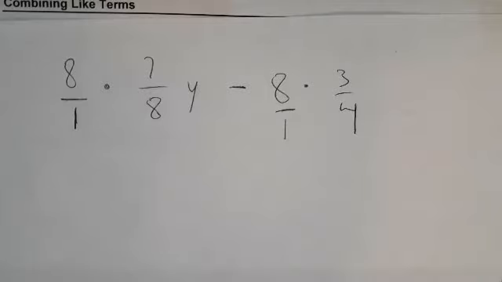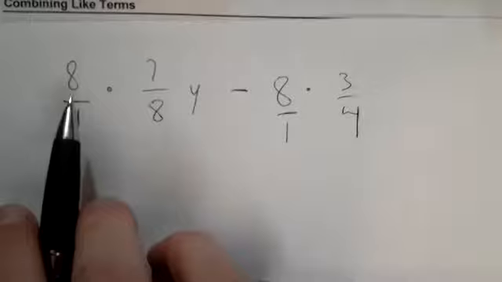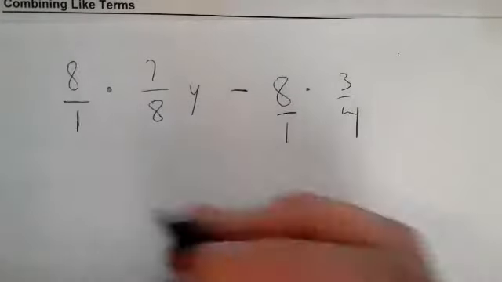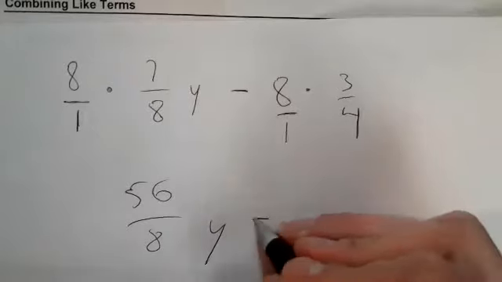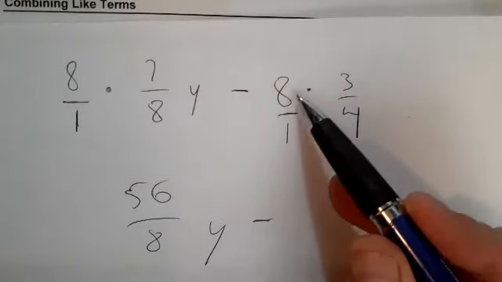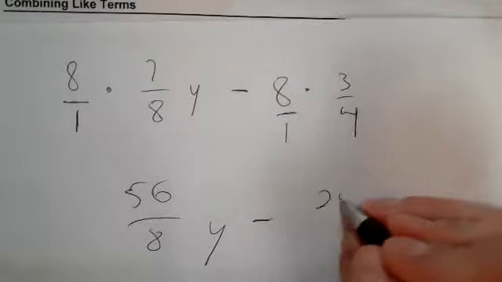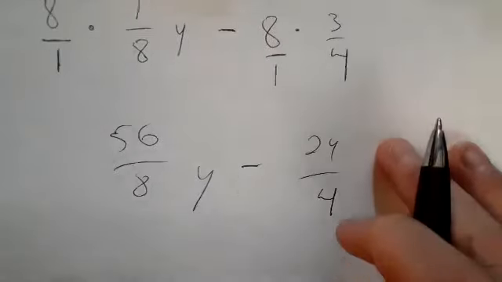And there are a few different ways you can do this at this point. And so I think I'm going to go through at least 2 different ways to do this. So one way is you can just do it kind of brute force. You can do 8 times 7 will give you 56 over 8. And this is y minus. And we can do 3 times 8 is going to give me 24 over 4. This is probably the most forward way.